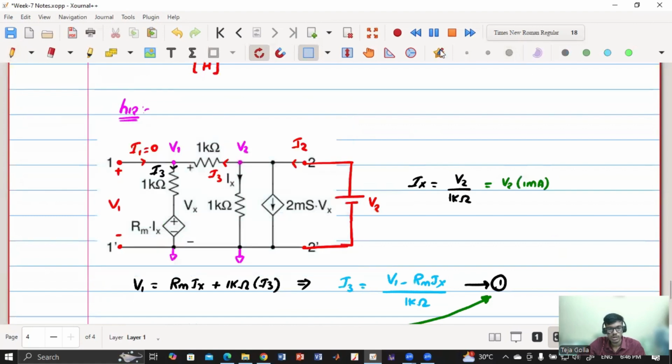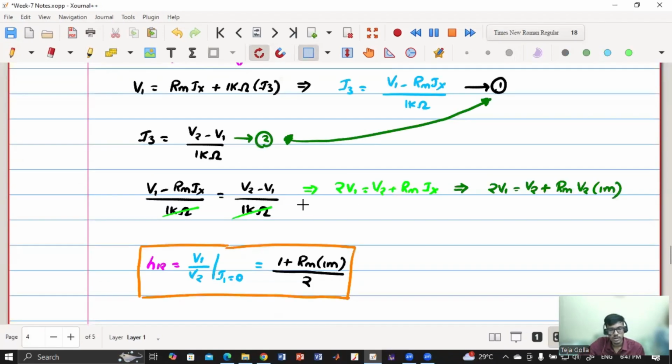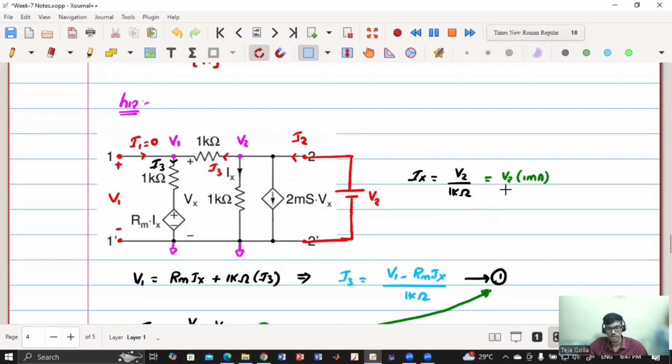Sir, what is 1 mA? It is not clear. Can you explain? This is milliampere.